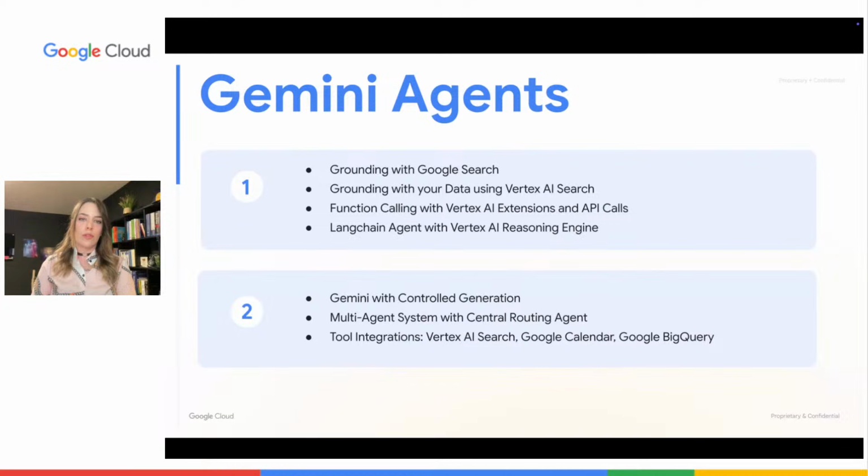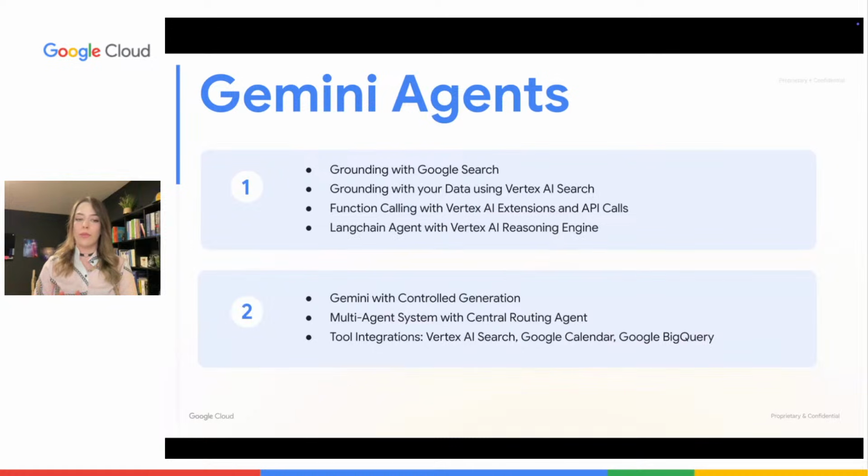So I have two demos today. The first one is going to be single agent. The second one is going to be multi-agent. For the single agent one, we're going to work through grounding with Google Search, grounding on your own data with Vertex AI Search, function calling with Vertex AI extensions and API calls, and also looking into a LangChain agent with Vertex AI Reasoning Engine.